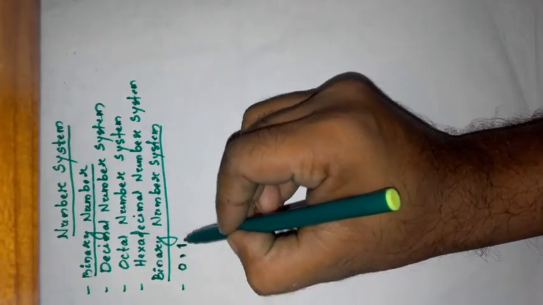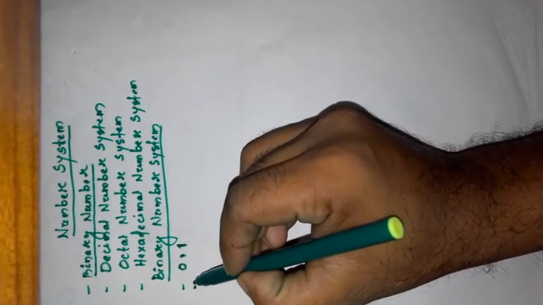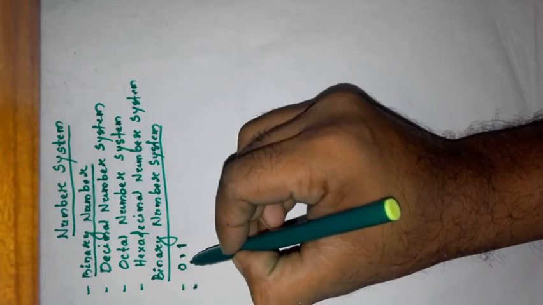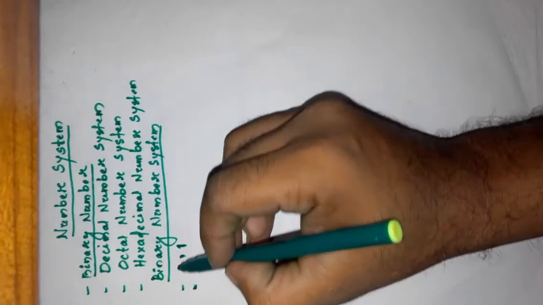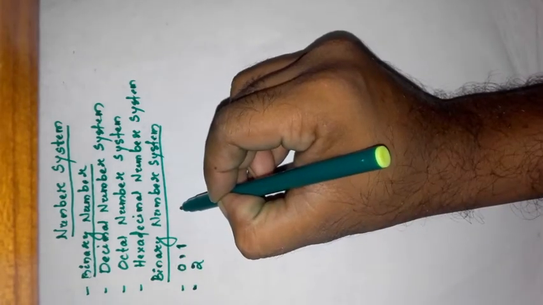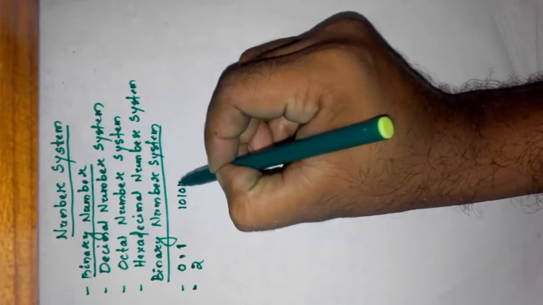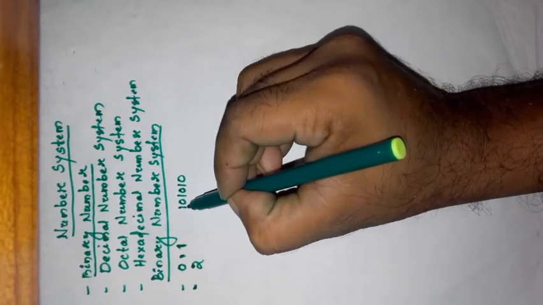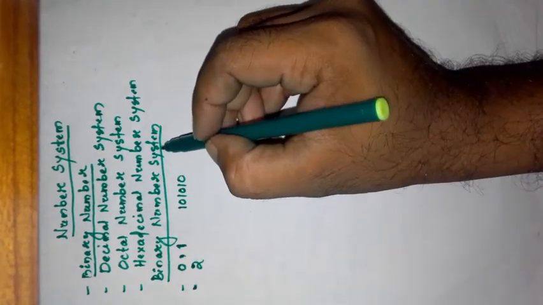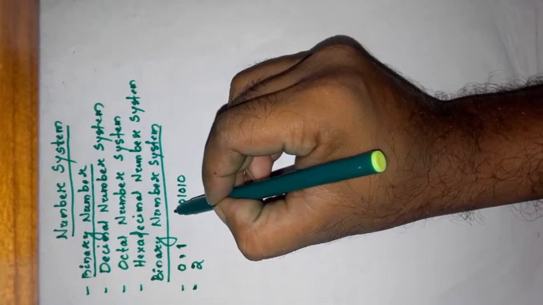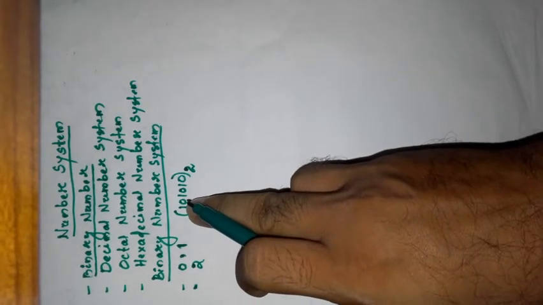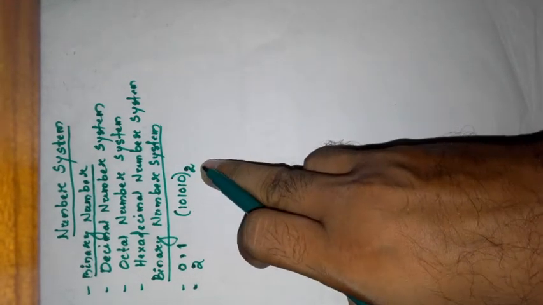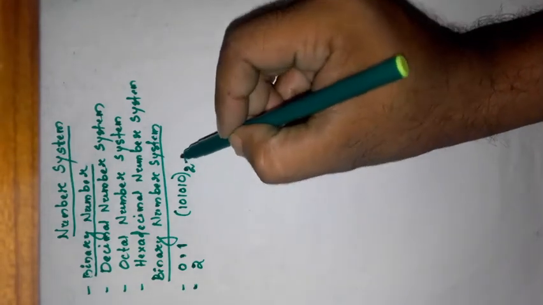So there are two digits, so the base of the binary system is 2. How do we write? Suppose the binary number is like 101010, because it is a combination of 0 and 1, so it is a binary number. We have to write the base 2 within brackets. We have to write the digits, then write 2. 2 is the base.